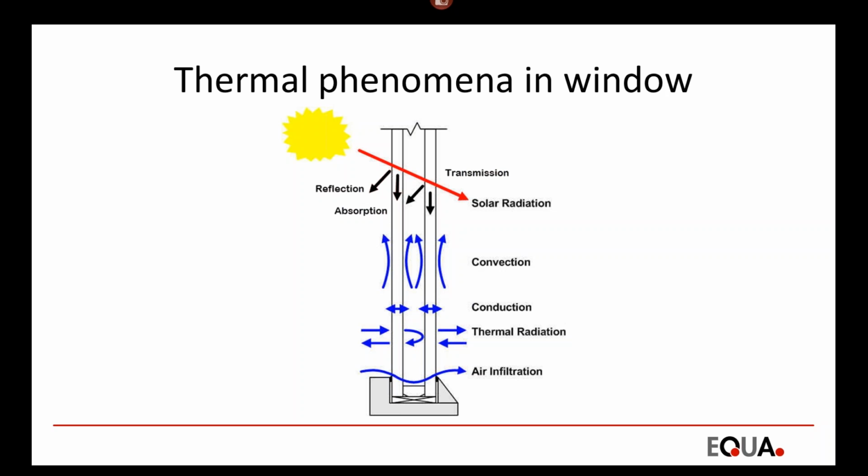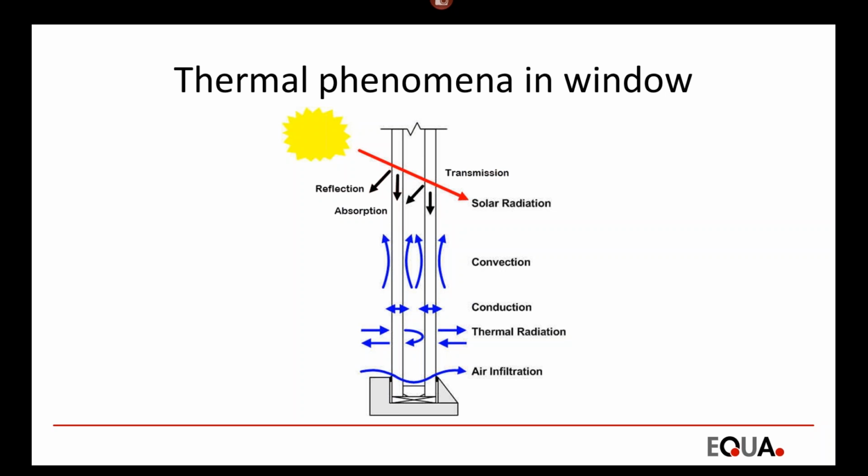And of course the pane can be a shading layer or slats, for example. Once they are heated, you get both convection between the panes and the cavities, and also thermal radiation between the panes. So taking all that into account, this is a rather complex model.